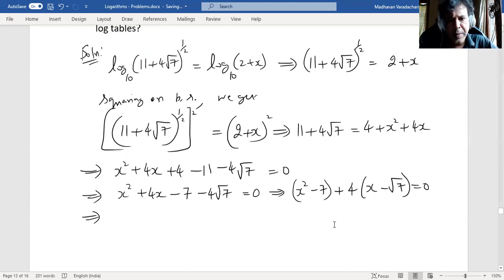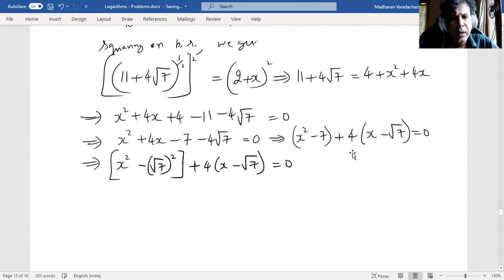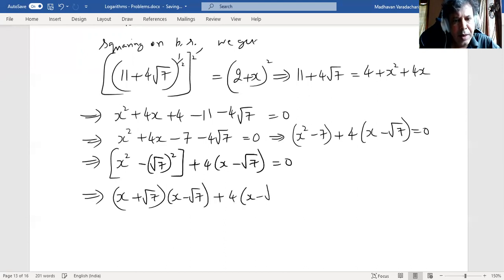Now this x square minus 7, I can express as x square minus (root 7) the square plus 4 times (x minus root 7) equal to 0. This expression is like a square minus b square. So I can apply (a plus b) into (a minus b) plus 4 times (x minus root 7) equal to 0.